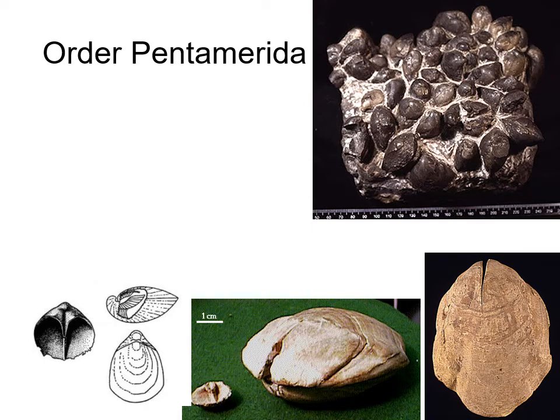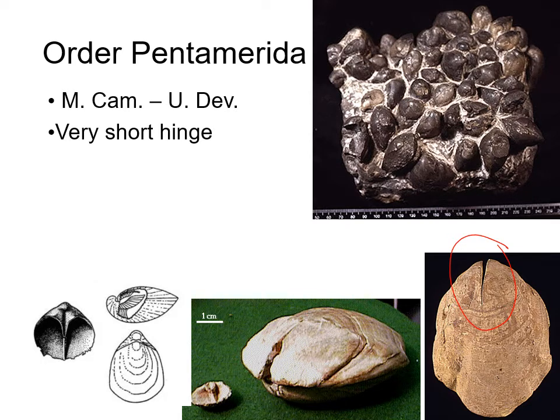Another order of articulate brachiopods that are quite abundant in Wisconsin are the pentamerids. Pentamerids look like a slightly elongated brachiopod that's been clefted with a hatchet or something. They've got this little cleft at the hinge themselves. So they're from the Middle Cambrian through the upper portion of the Devonian. Again, a very short hinge that is astrophic.